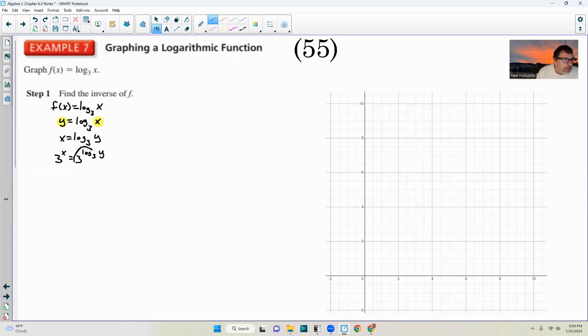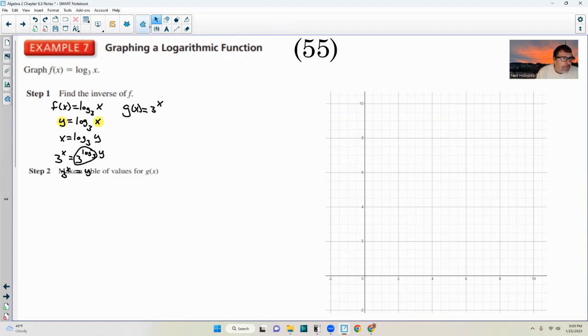This component cancels, and we get 3 to the x equals y. So there's our inverse. I'm going to call it g of x, and that equals 3 to the x. Step 1, you find the inverse.